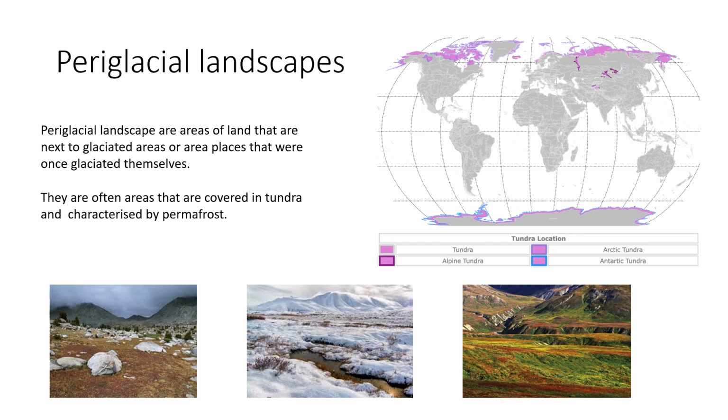These areas may be covered with snow for 6, 7, 8, 9, 10 months of the year, but the difference to a glacial environment is that for at least 2 or 3 months of the year, temperatures will rise above 0 degrees centigrade, and as a result of that, the snow will melt and the ice will melt. So for a small period of time, these are ice-free environments, whereas glacial environments have ice at all times.